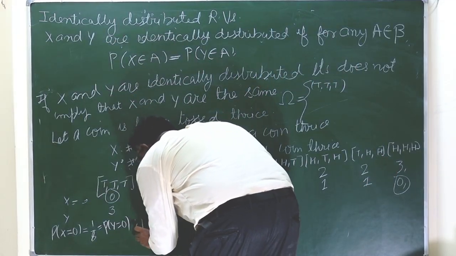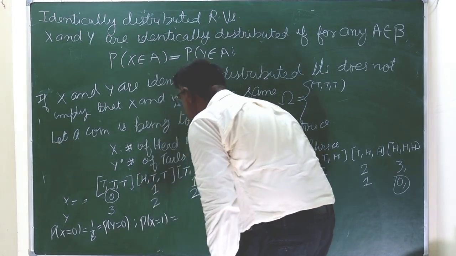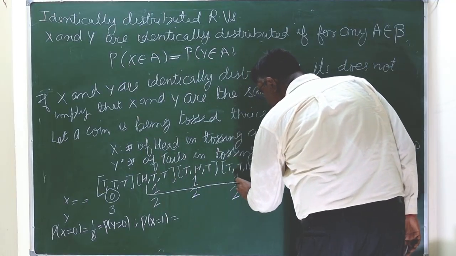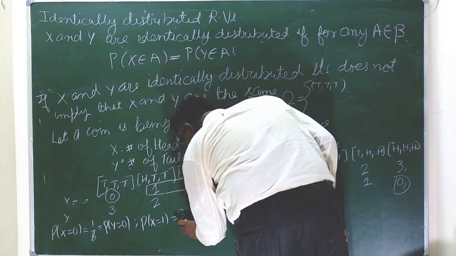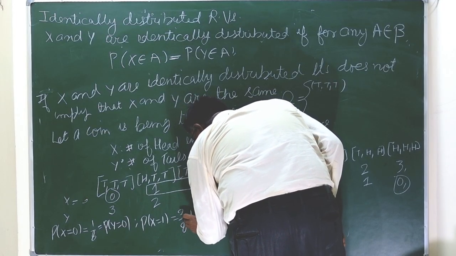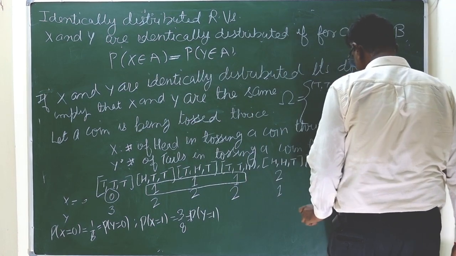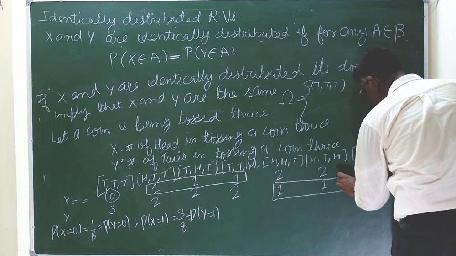Similarly, x is equal to 1 is obtained for these 3 values, so it is 3 by 8. And this is also equal to the probability of y is equal to 1, because we are getting y equal to 1 for these 3 cases.